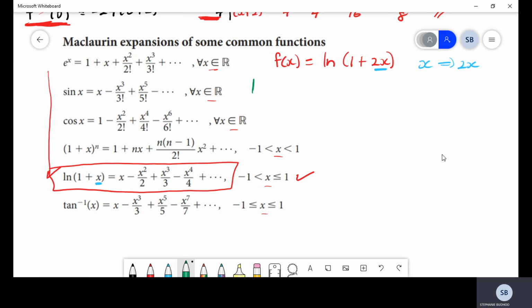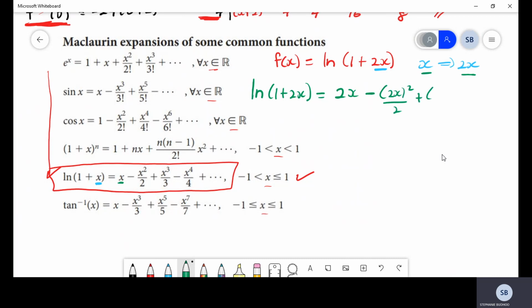All right, so by extension, ln of 1 plus 2x can now be written by replacing your x with 2x everywhere you see it. In the standard expansion, the first term is x, so you will replace that with 2x. Then subtract x squared, so you'll replace that with 2x squared over 2.